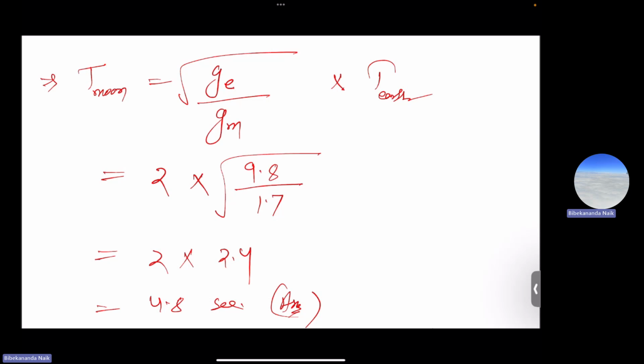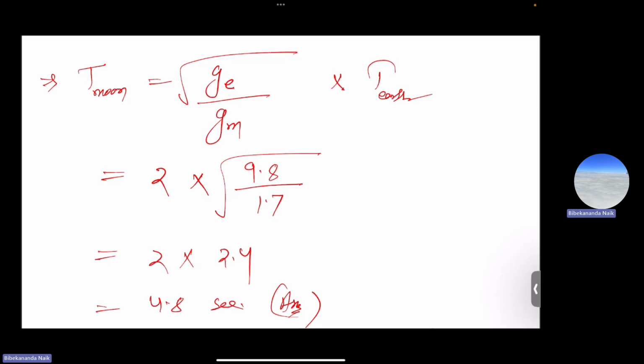Find the acceleration A and velocity V of the body when the displacement is 4 centimeter.